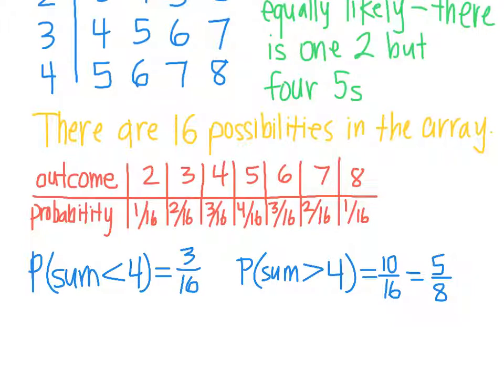And so, just to review something from before, are these two events complementary? And the answer is no, they are not complementary. First of all, you can see that 3/16 plus 10/16 equals 13/16. And complementary events will add up to 1.